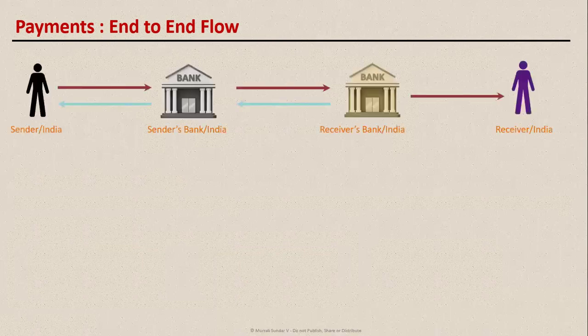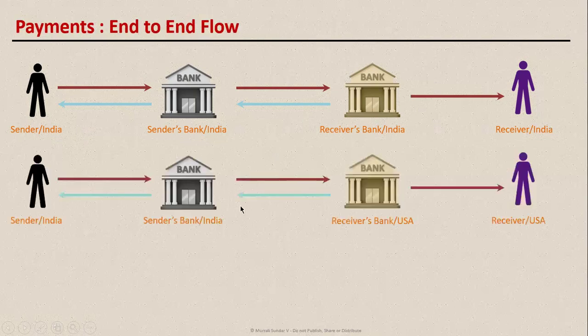True. So we have domestic payments where, for example, the sender is in India and the receiver is also in India, using banks that are also located in India. So it is a domestic payment. The payment starts in India and ends in India, so typically the currency would be INR, because it is a local or domestic transfer.